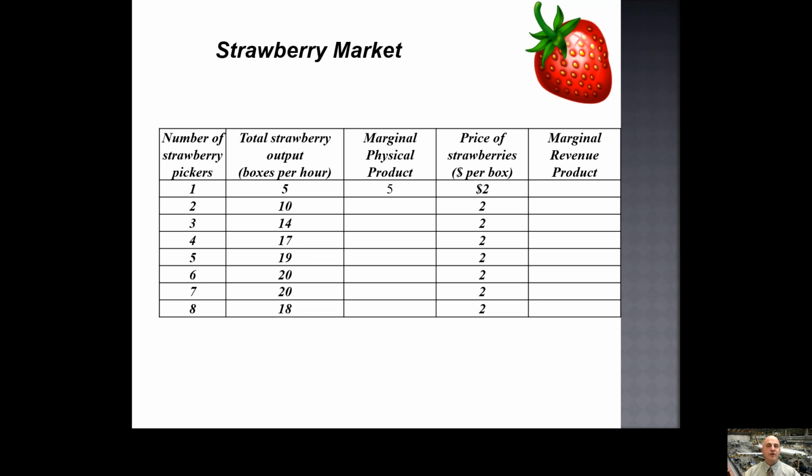So my first picker will give me an additional 5 boxes of strawberries picked. The second worker gives me an additional 5 because I went from 5 to 10. The third worker is going to give me an additional 4 because I went from 10 to 14. This is nothing new. You should be able to do this. That's from chapter 7. Marginal revenue product is just simply marginal product times the price.